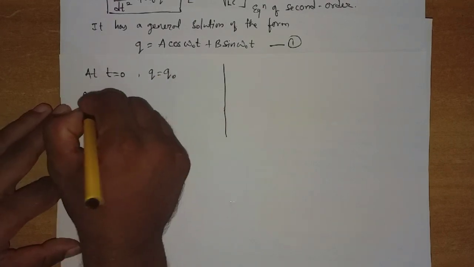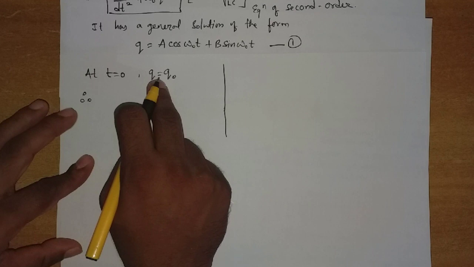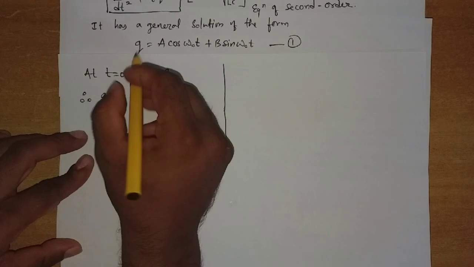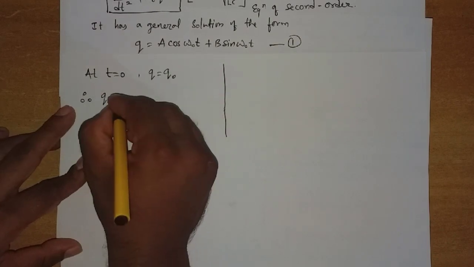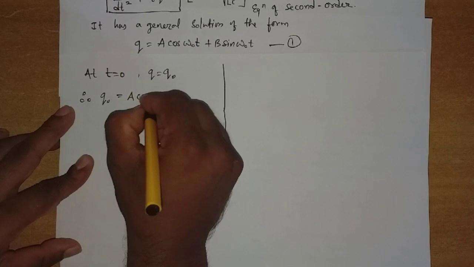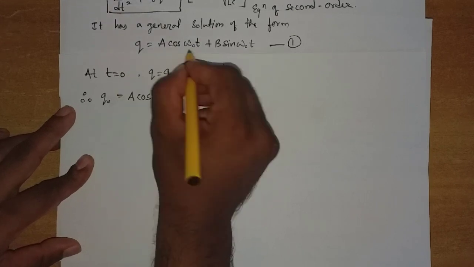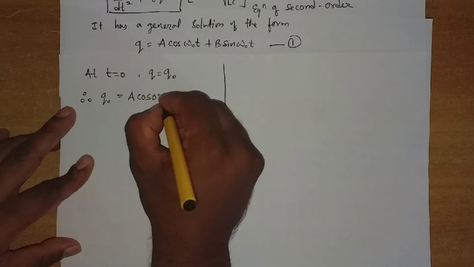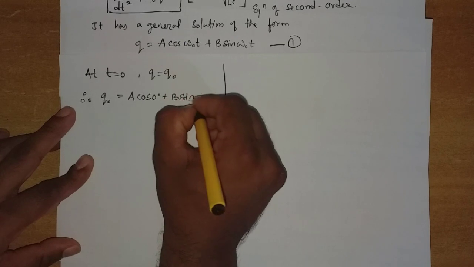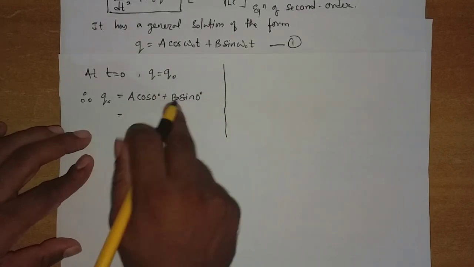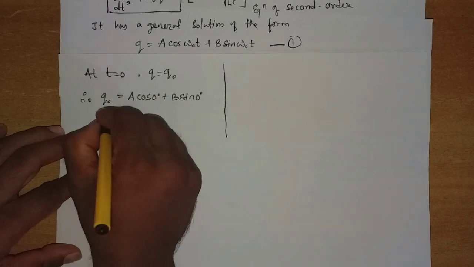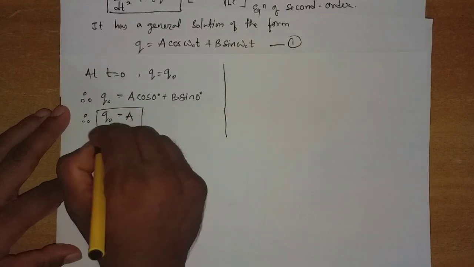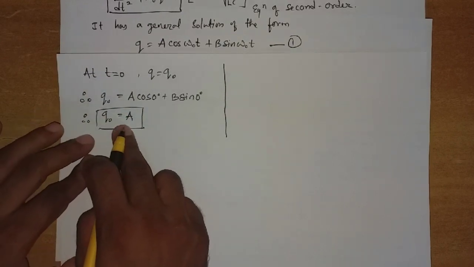Then putting this value of t and charge Q in equation 1, we get Q naught is equal to A cos(omega naught times 0) plus B sine 0. Clear? Now we know sine 0 is 0, cos 0 is 1, so simply Q naught is equal to A. This is how we get the value of the constant A.